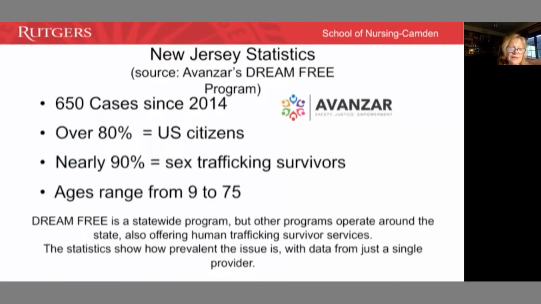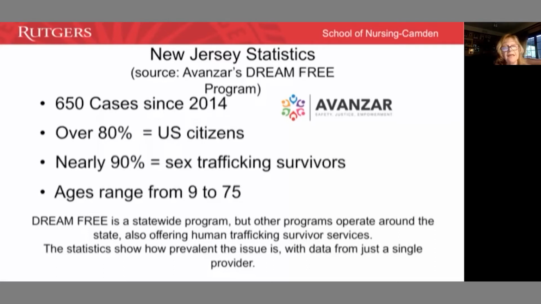Over 80% of them are U.S. citizens. And that might be surprising to you, because I think many times we get the perspective from television and commercials and things like that, that these people that are trafficked are from Eastern Europe or third world countries. But they're not. It's over 80% of the victims are U.S.